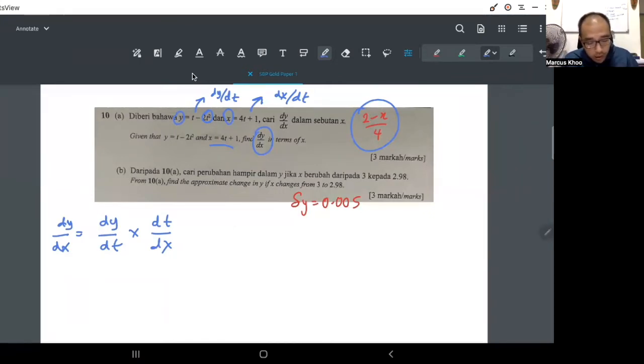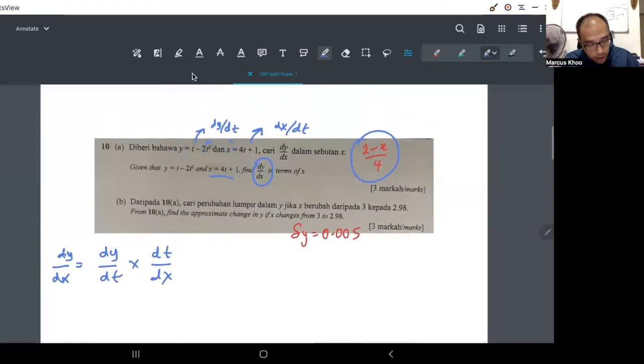So dy/dt will be 1 minus 4t. dx/dt will be 4.